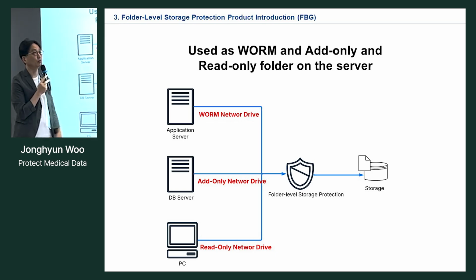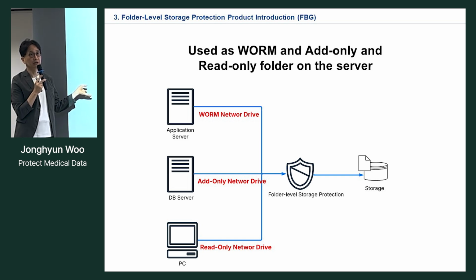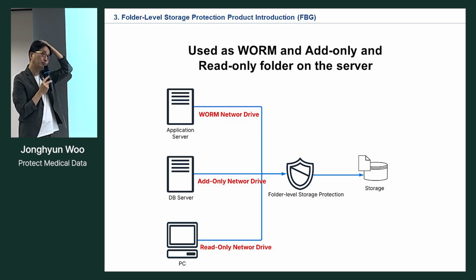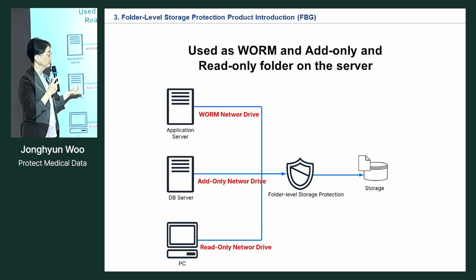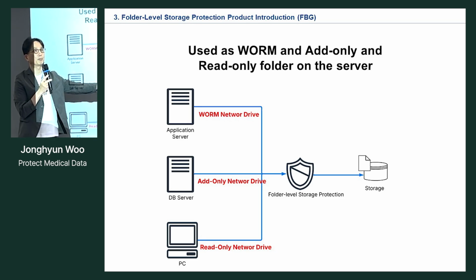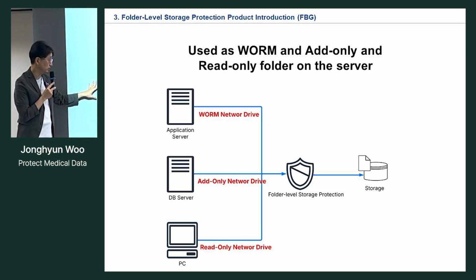By doing so, we can protect the backup file so it cannot be broken by attackers. In application mode protection, by mapping the application level process, we can protect the database file itself. But in folder level protection, it is only available for protecting your database backup file by providing the network drive as add-only. So it's one good example.